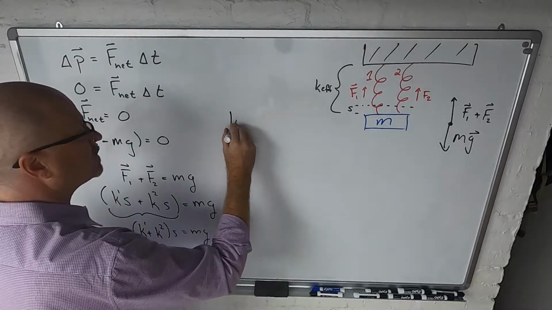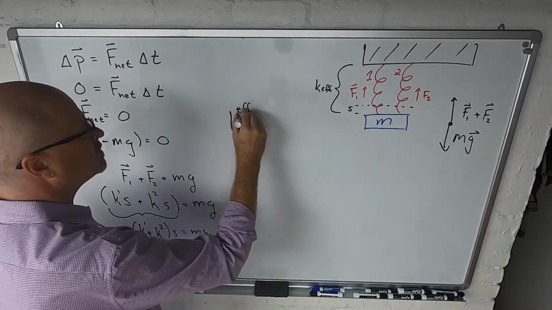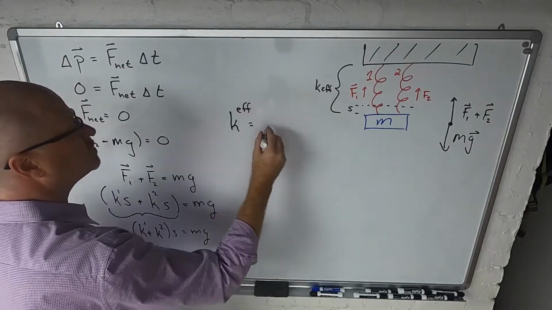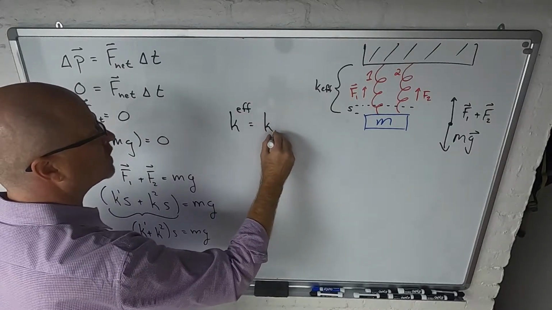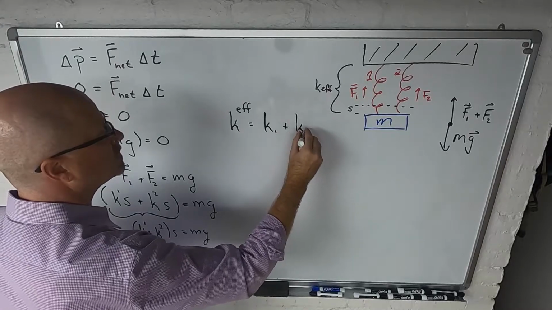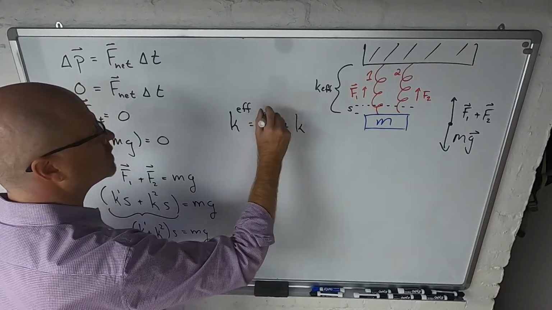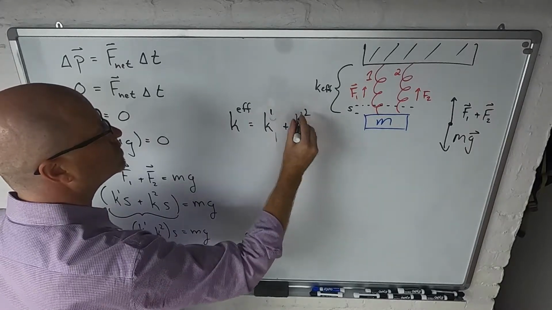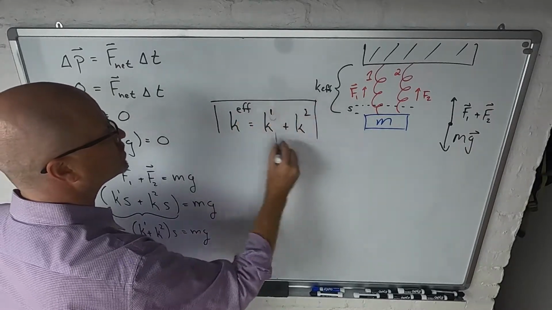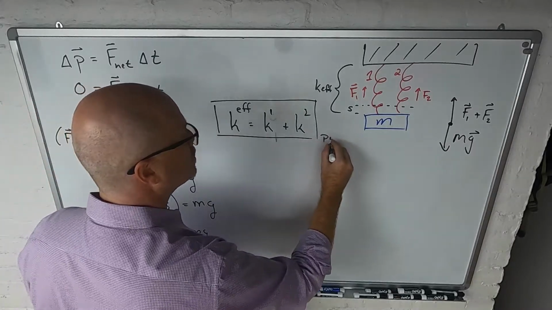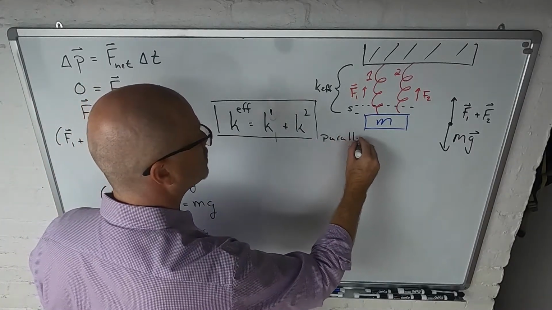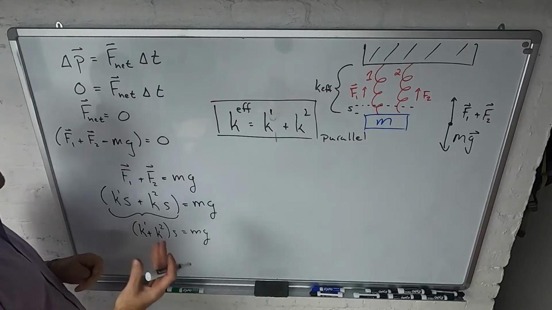So I can write K effective for springs in parallel is just K1 plus K2. And this is true for all sets of parallel springs.